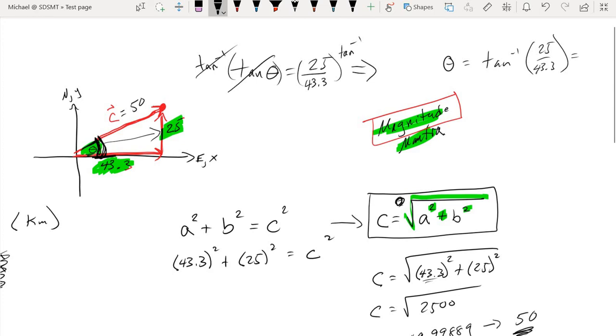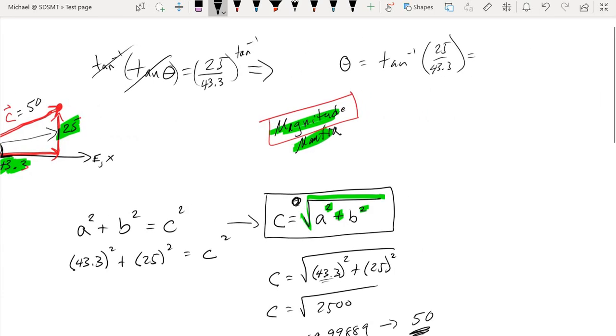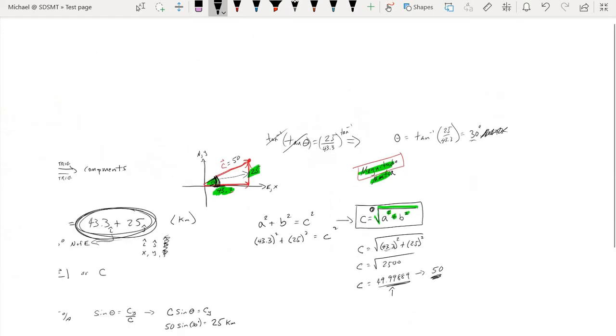That's about 0.577. And so then we need to take the inverse tangent of that value. And we get 30.00073. And I'm just going to round that up to 30 degrees, which was exactly what we wanted.